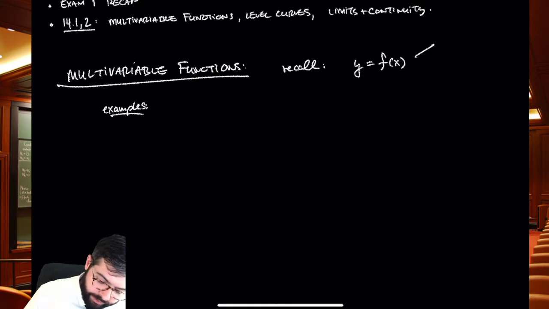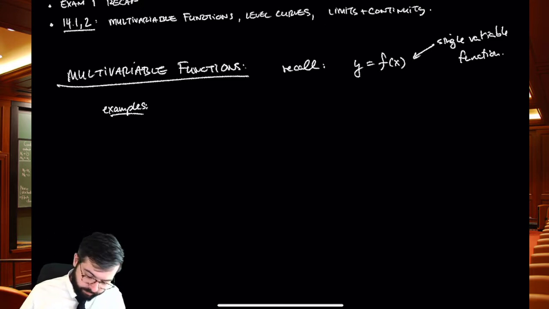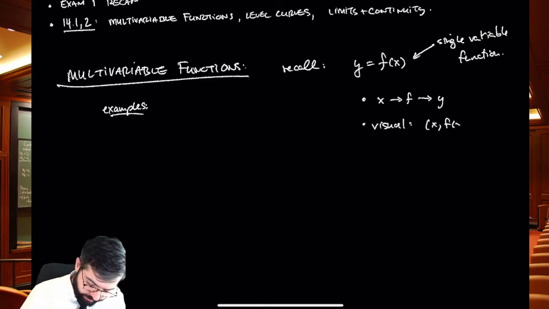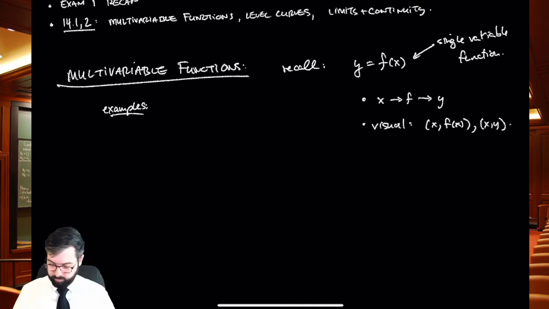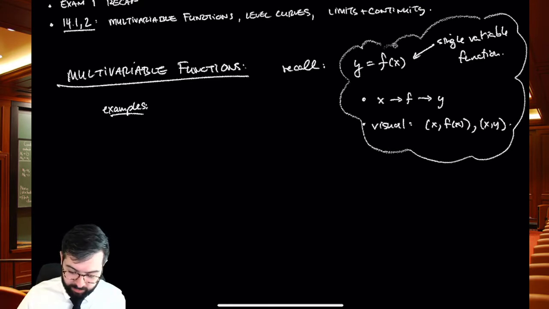This is a single valued function or single variable function. It takes an input x and maps it to y. And we can visualize it on the graph by looking at the pair x, f of x, or x, y.